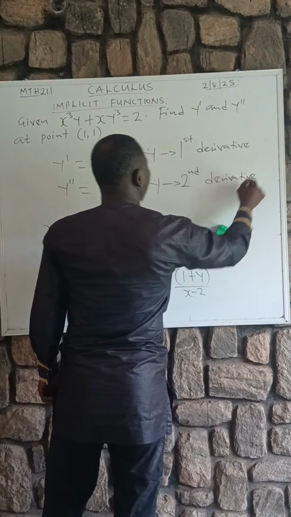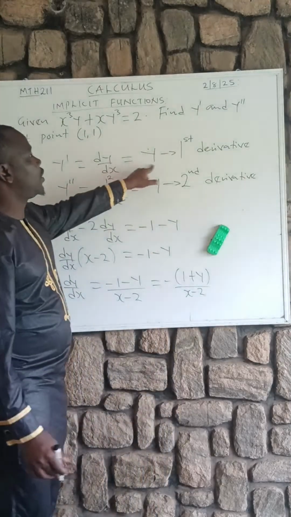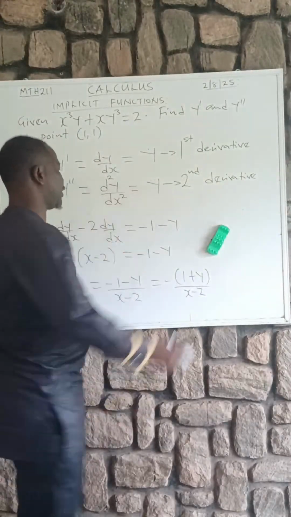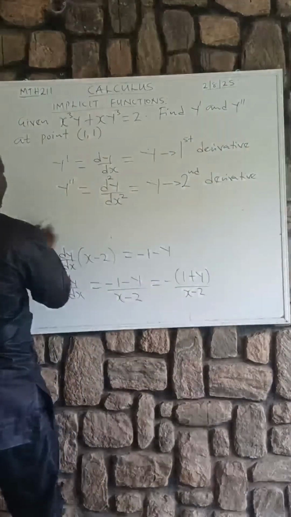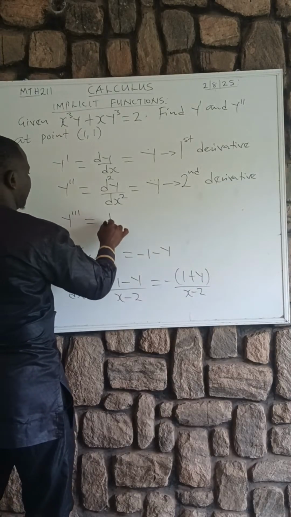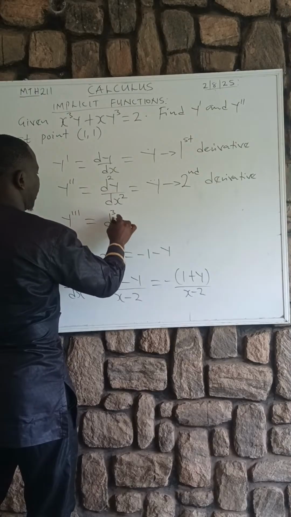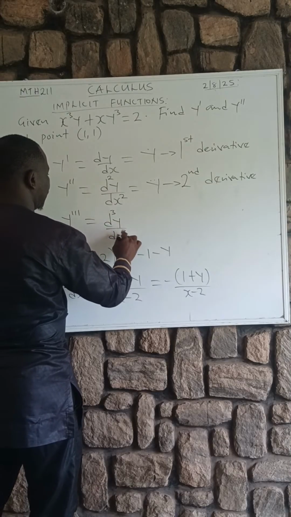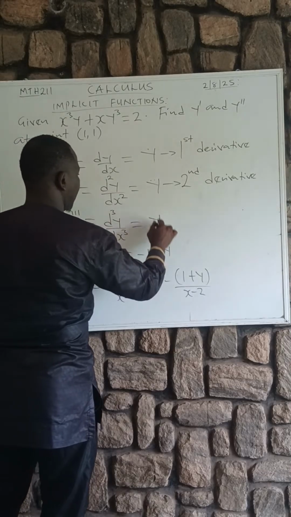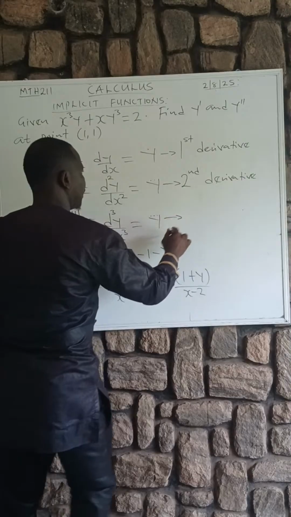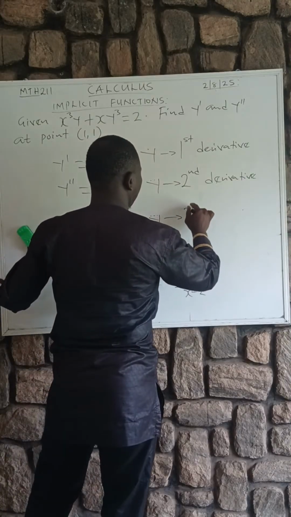So this implies that we differentiate a given function once, this one twice. So what if we have y prime prime prime? It means d cubed y over dx cubed, which is y triple dot. This implies the third derivative.